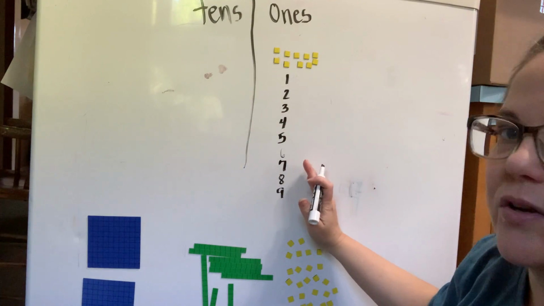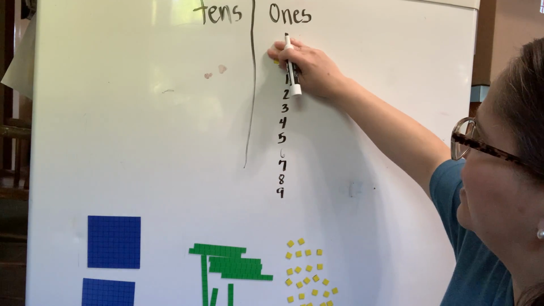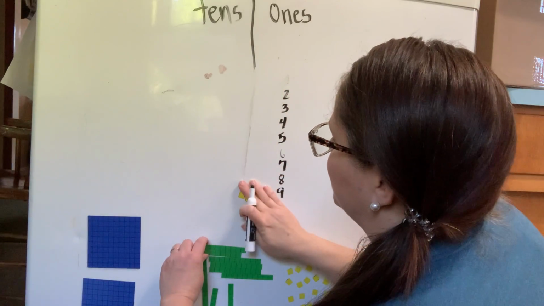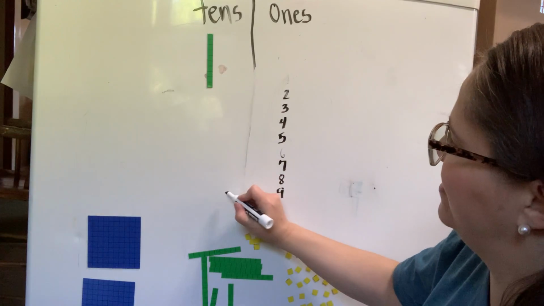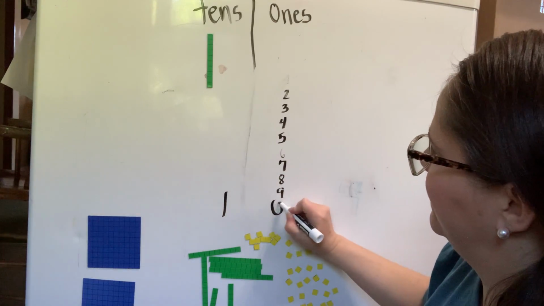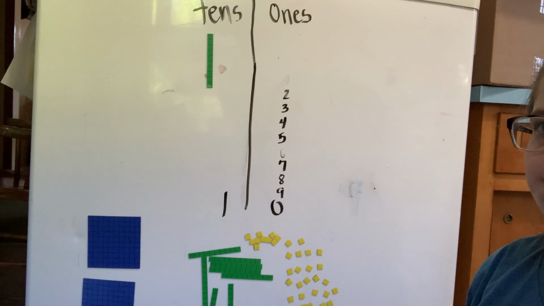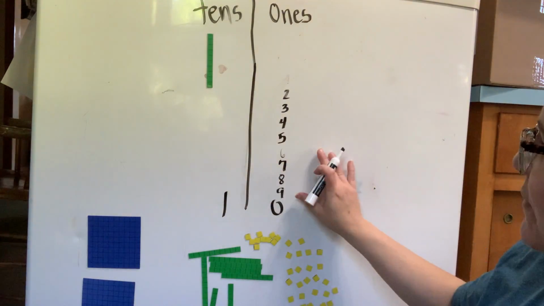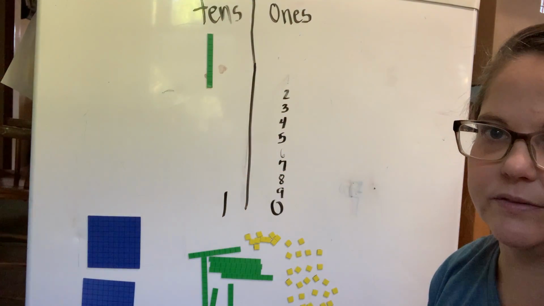There can only be 1. So as soon as I get a bundle of 10, I have to change it in for a 10 tower. And then I have the number 10. That's why this is called the tens place. Because every time you make a group of 10 here, it gets bundled and moved over here.